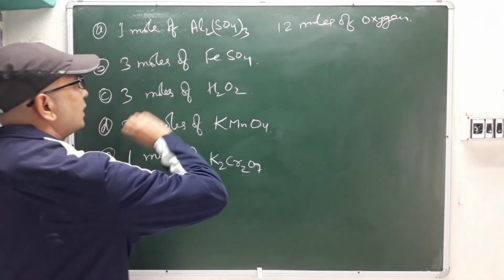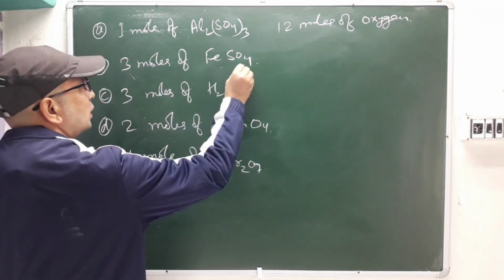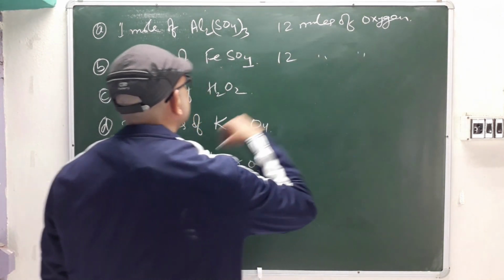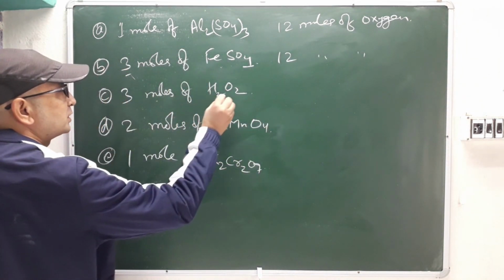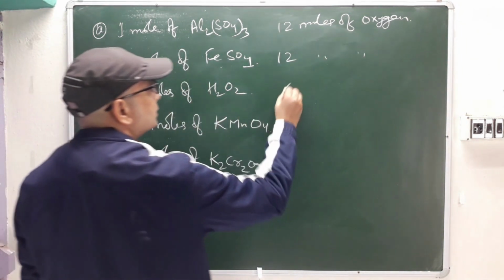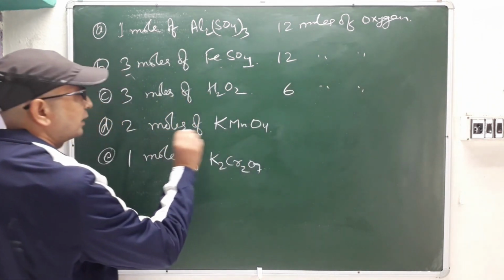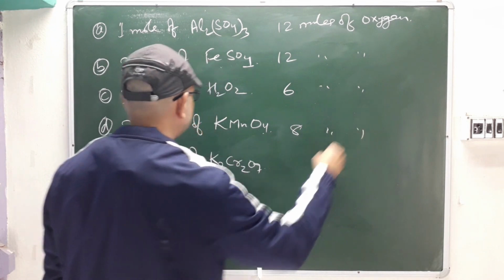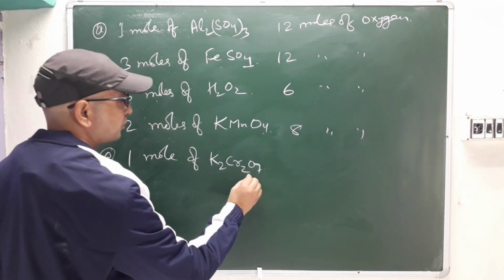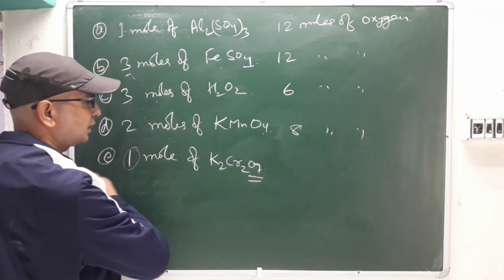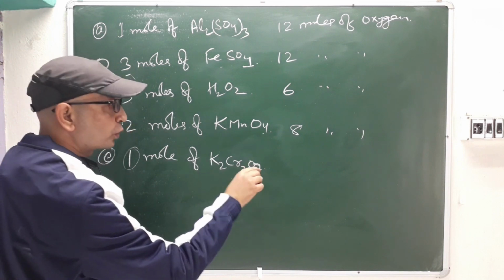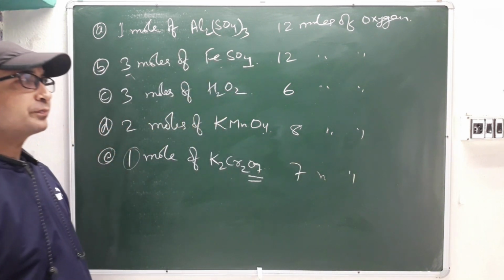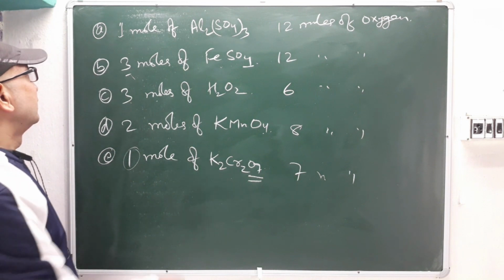In 3 moles of ferrous sulfate, 4 into 3, it is 12 moles of oxygen. In hydrogen peroxide, 2 into 3, 6 moles of oxygen. In potassium permanganate, 4 into 2, so 8 moles of oxygen. In potassium dichromate, 1 mole, but number of oxygen is 7, so total 7 moles of oxygen. So your correct answer will be A and B.